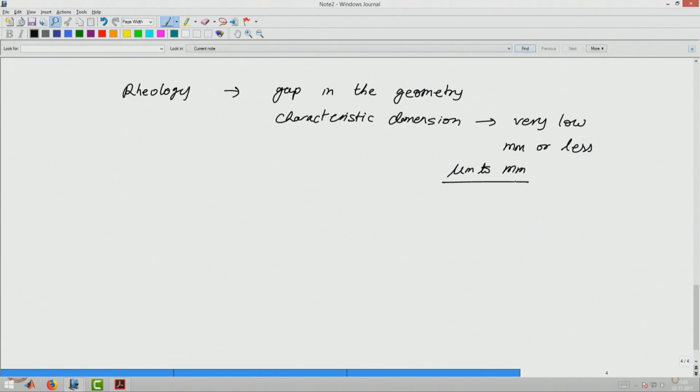Based on this range of gap, we can see that the velocity value will also have to be low.